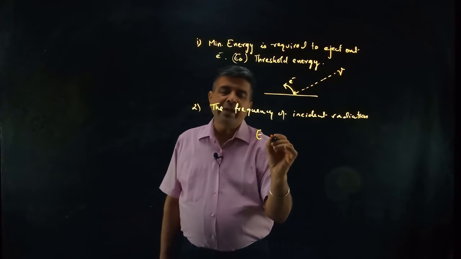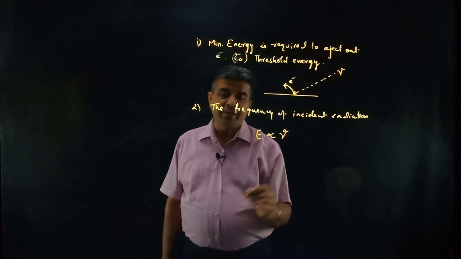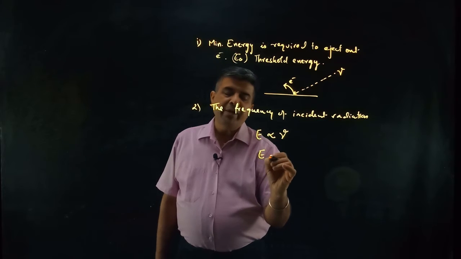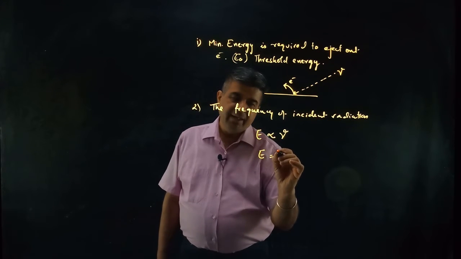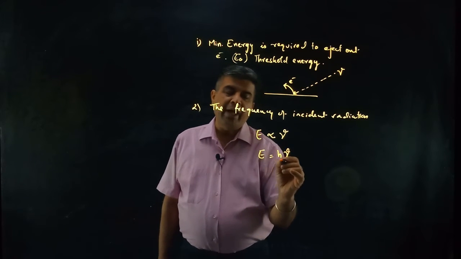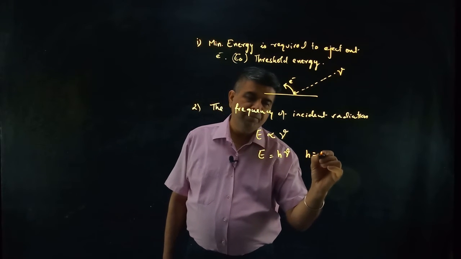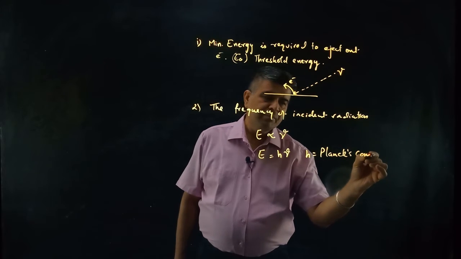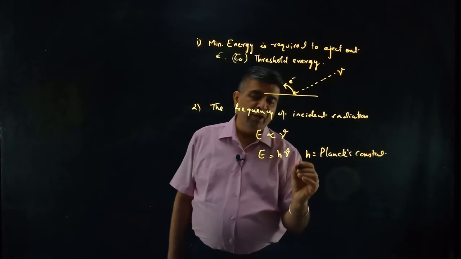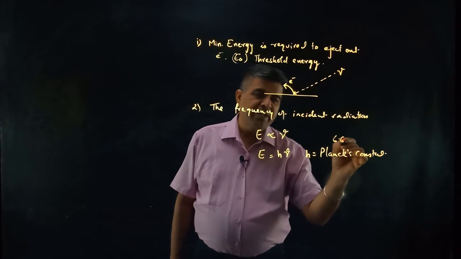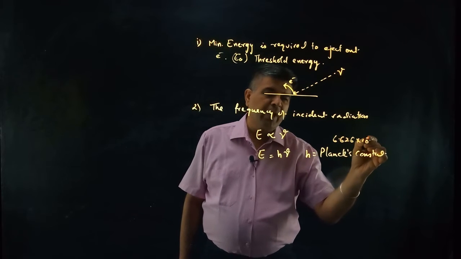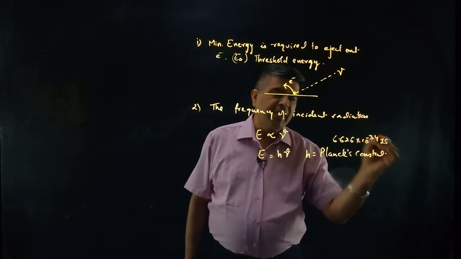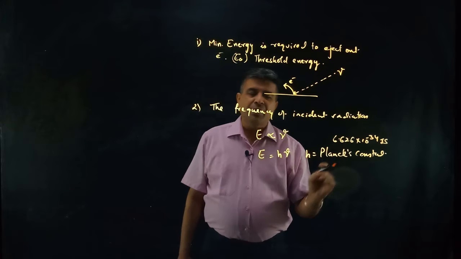So we can write E is directly proportional to frequency, and it can be written as E = h nu, where h is Planck's constant and its value is 6.626 into 10 raised to power minus 34 joule seconds. So this was Planck's constant.